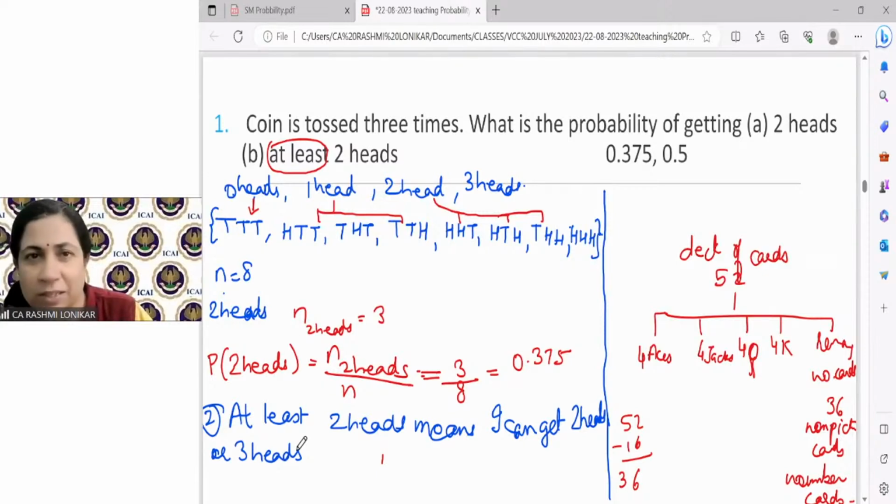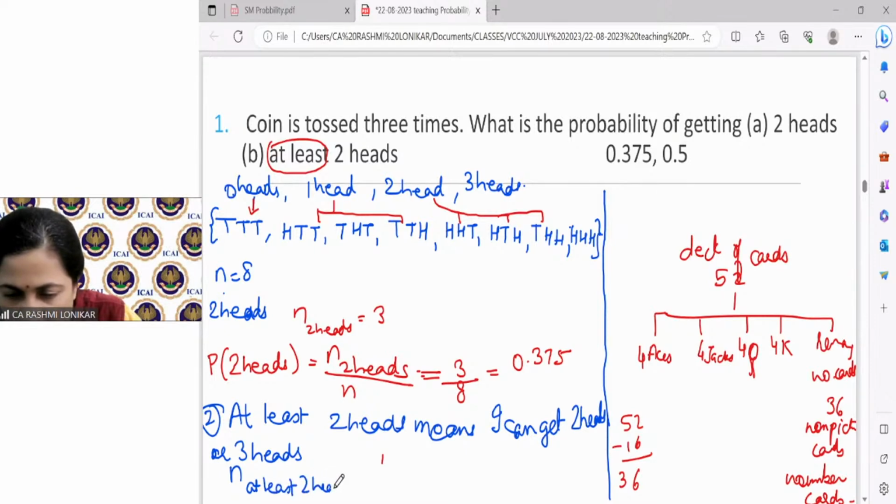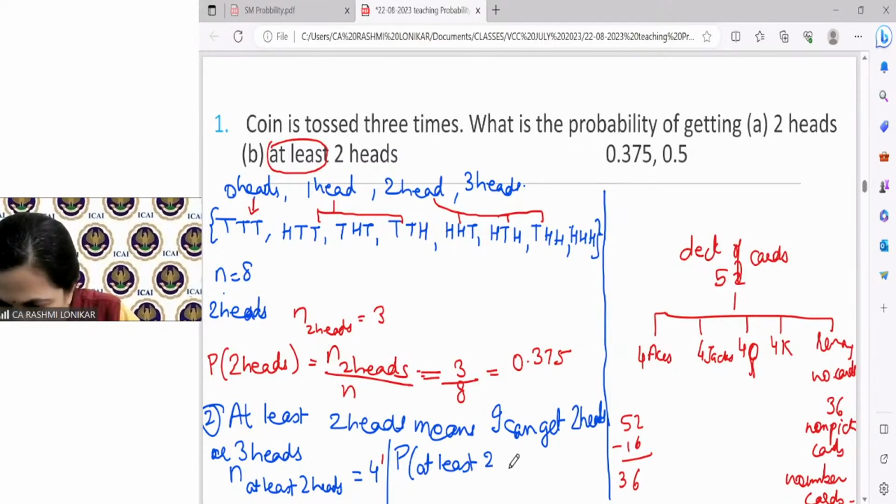Whatever the maximum limit is, that much I can get. How many 2 heads do I have? 1, 2, 3. How many 3 heads do I have? 1. So n of at least 2 heads is how much? 4. And how many total are there? 8. So P of at least 2 heads is equal to 4 upon 8, which is equal to 1/2, which is equal to 0.5.